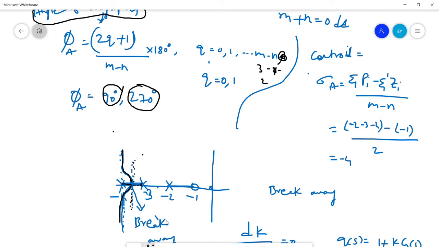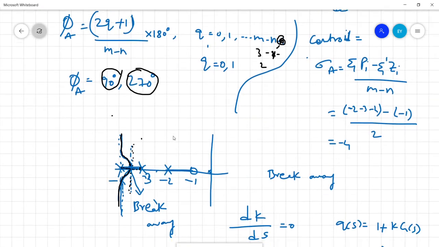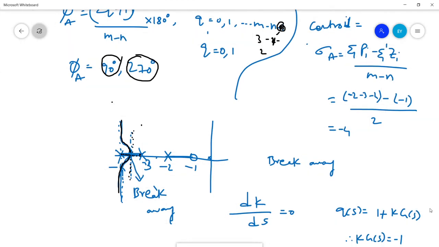Now what we need to do is the breakaway point and break-in point. The purpose of breakaway or break-in comes when the number of poles is greater than the number of zeros, there will be a breakaway point. When the number of poles is less than the number of zeros, then you get a break-in point.